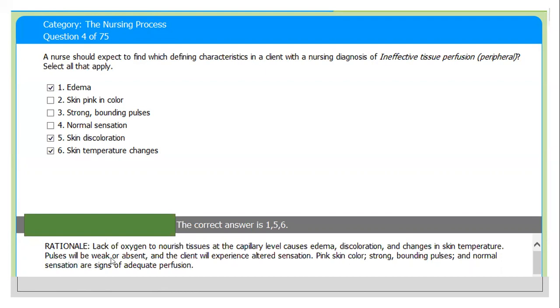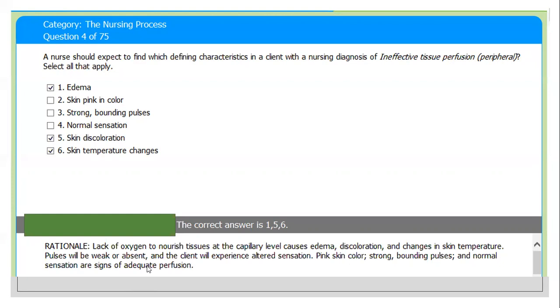Pulses will be weak or absent, and the client will experience altered sensation. Pink skin color, strong bounding pulse, and normal sensation are the signs of adequate perfusion.